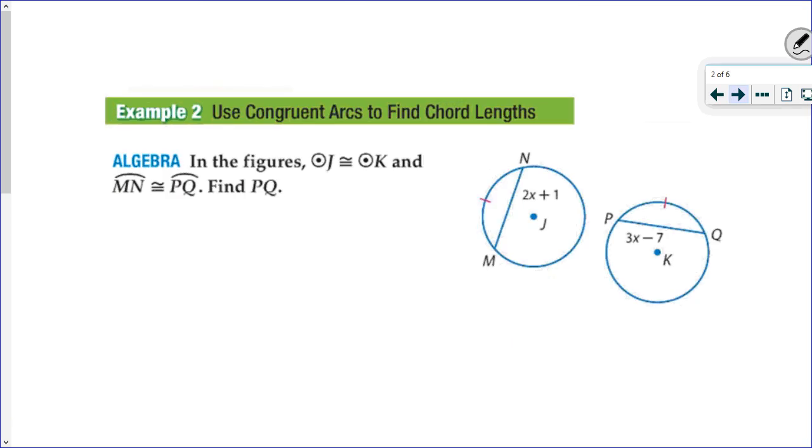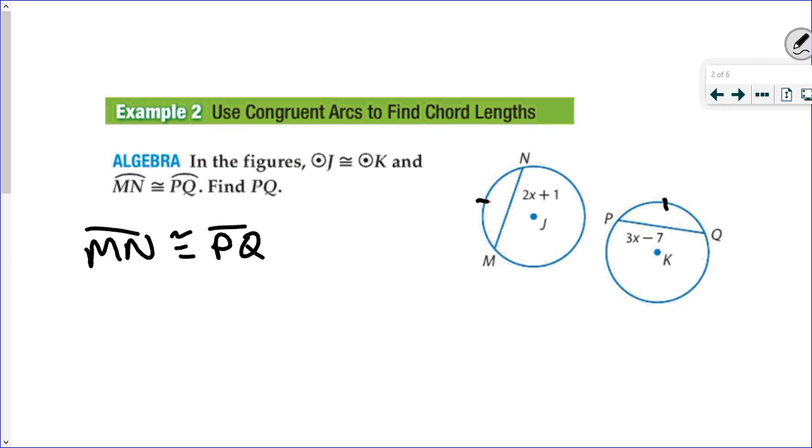Example two: in the figures, circle J is congruent to circle K, and arc MN is congruent to arc PQ. Well, if the arcs are congruent, then chord MN is also congruent to chord PQ.